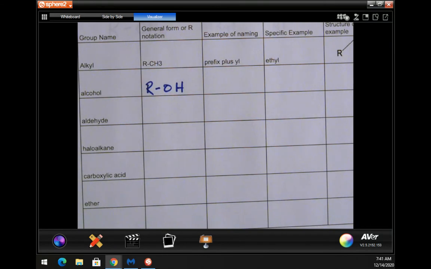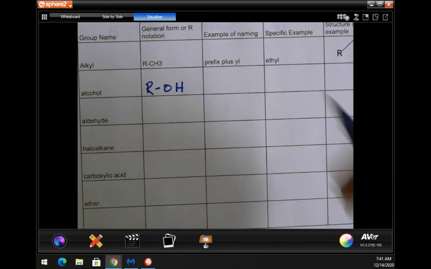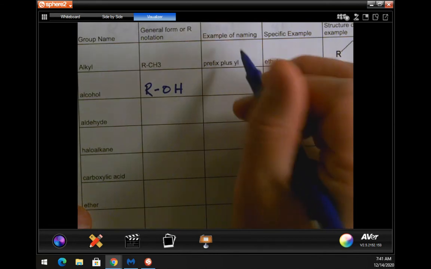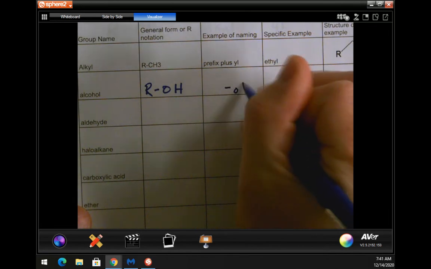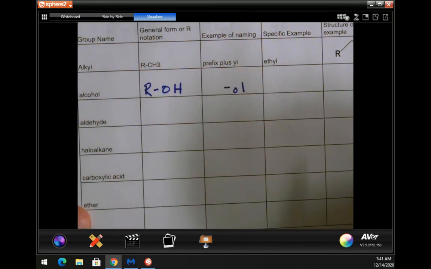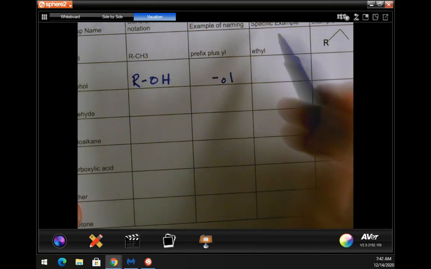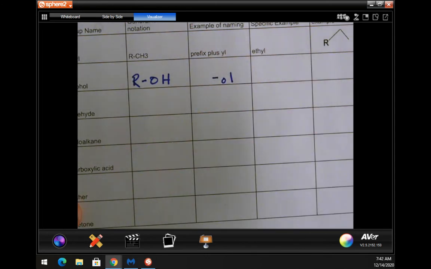Not that you have to know that, but if you ever see it again in chemistry or whatever, it's hydrogen and oxygen, so it's hydroxyl. That's why it's called hydroxyl. The naming of this ends in the suffix OL, and then a specific name.